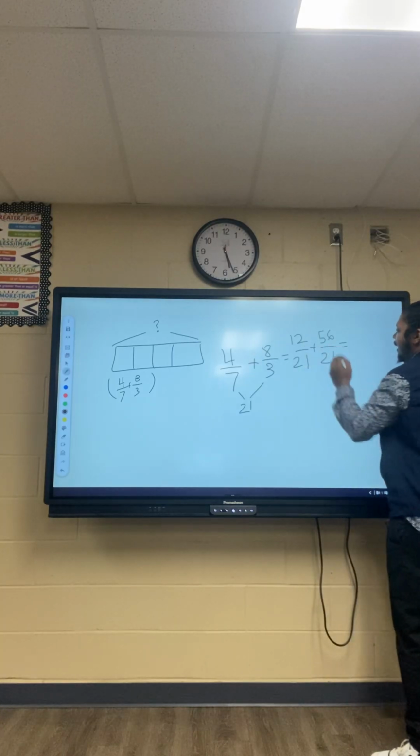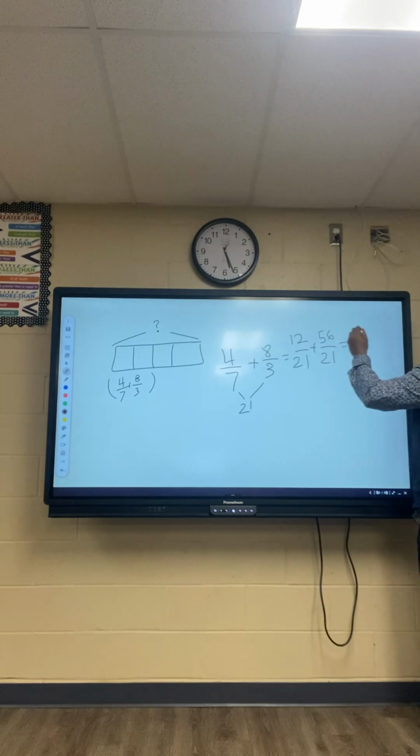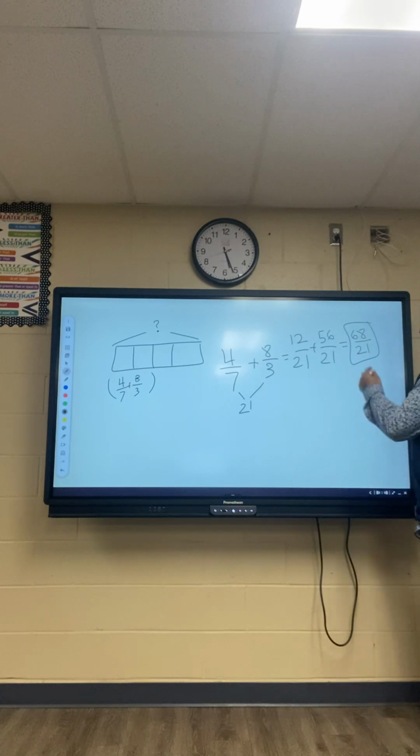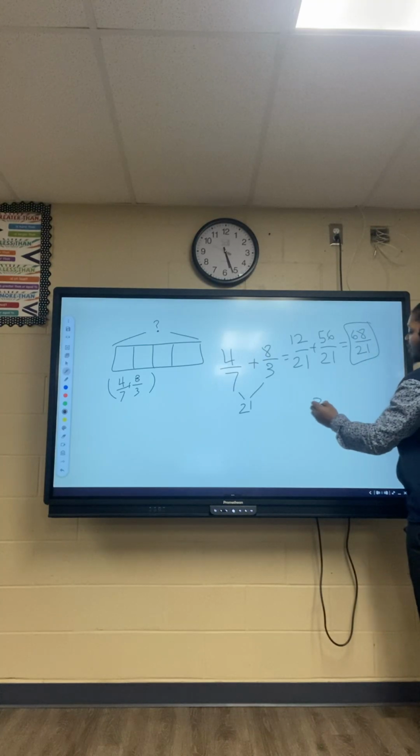Now we can go ahead and add, okay? So we have 68 over 21, okay? So we've added these together, okay? So we have an improper fraction here. We can turn it into a mixed number, or we can go ahead and multiply it as is, all right? What I would like to do is turn it into a mixed number. So what we're gonna do is figure out how many times does 21 go into 68. So 21 goes into 68 3 times with 5 left over, okay?